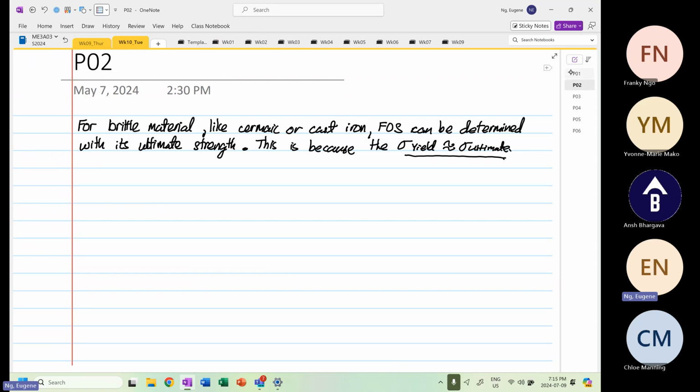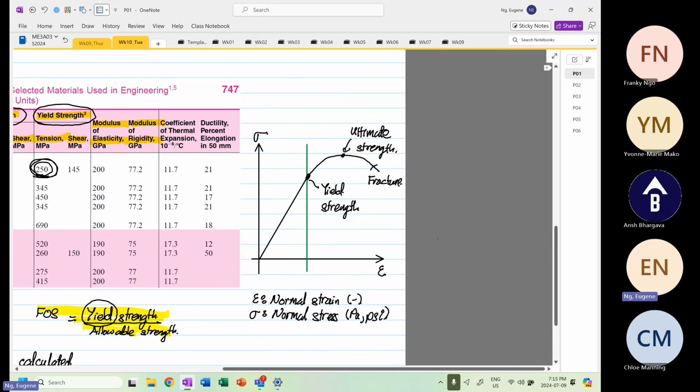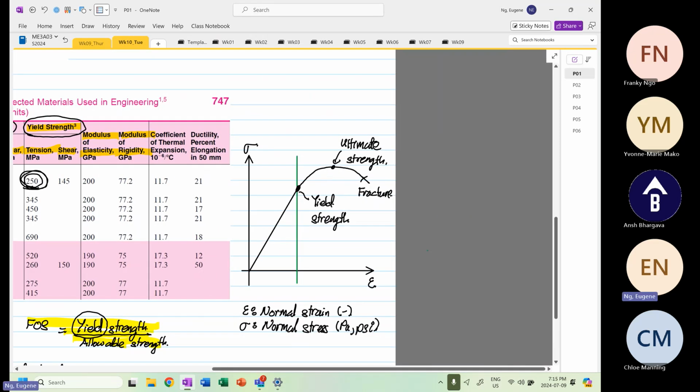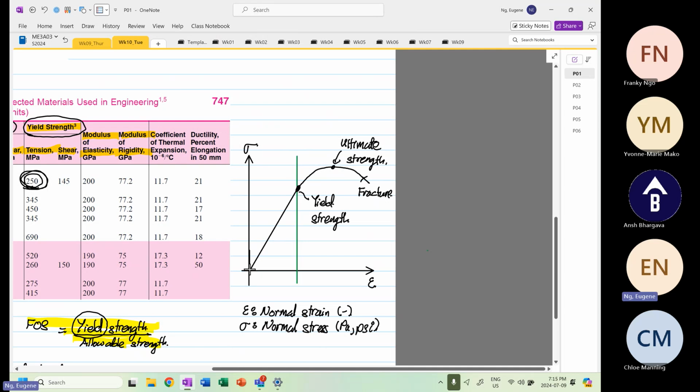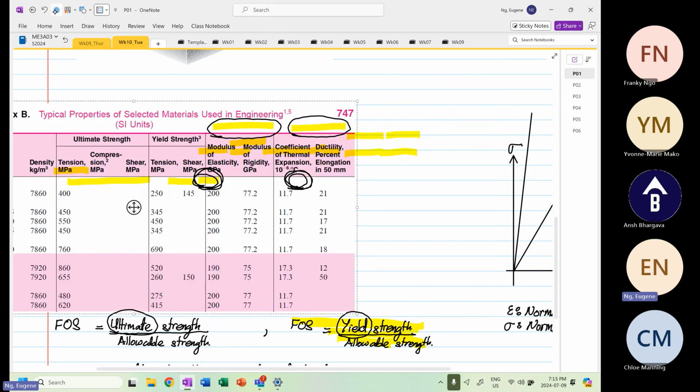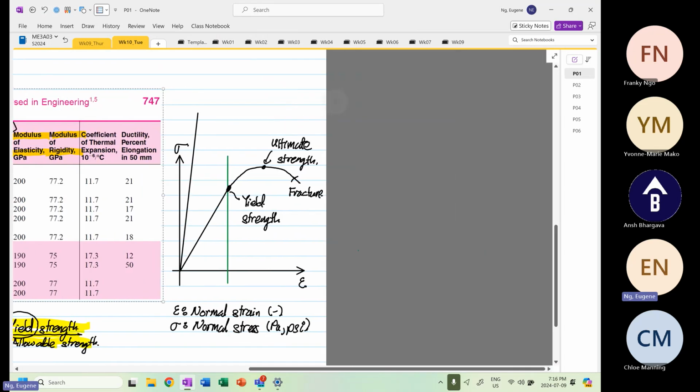For brittle material like ceramic or cast iron, the Young's modulus is very high, and then you have this yield strength and over here is your ultimate strength.